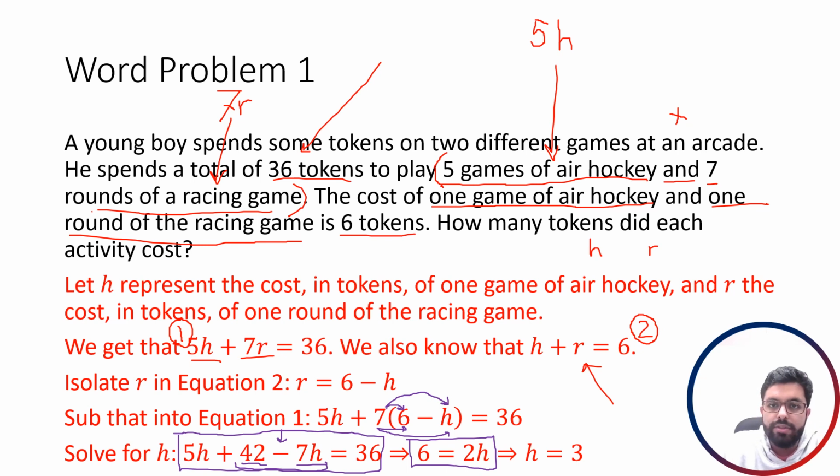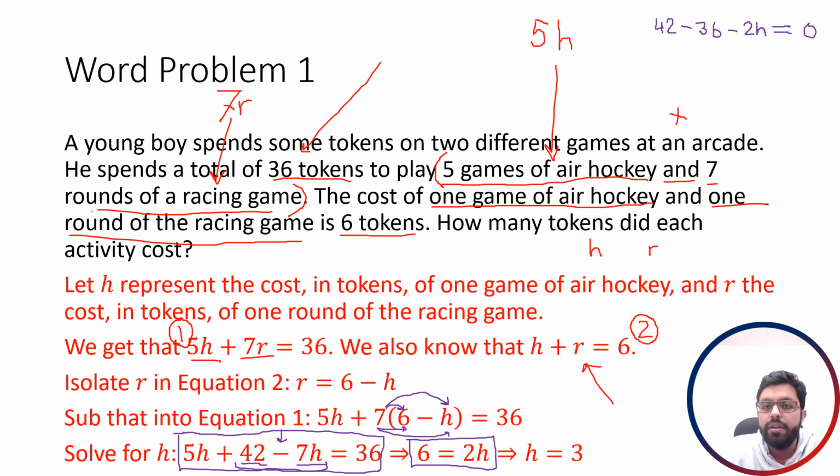So if I write out all this that we've got so far, so we did 42 minus 36 on the left side is equal to, so we subtracted 36 from the right side, so we had a 0 there. And then dealing with the H's, 5H minus 7H is negative 2H.